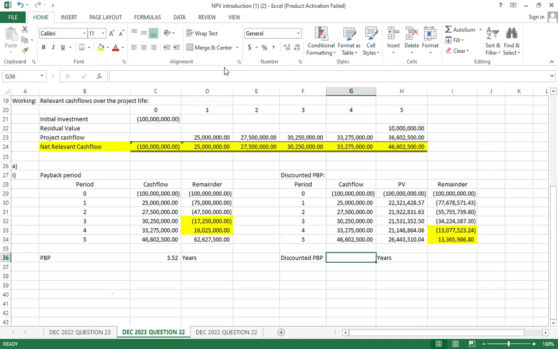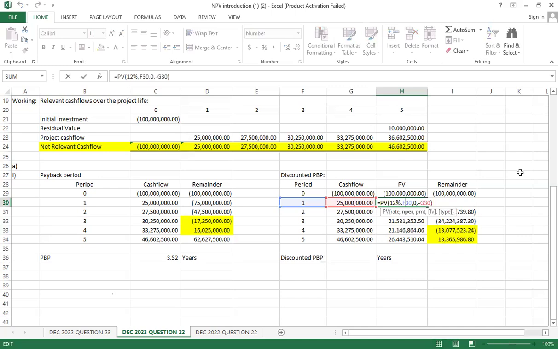Somebody, you are getting 4 point what? May I request if you could please place the cursor on the PV where we have the 22?